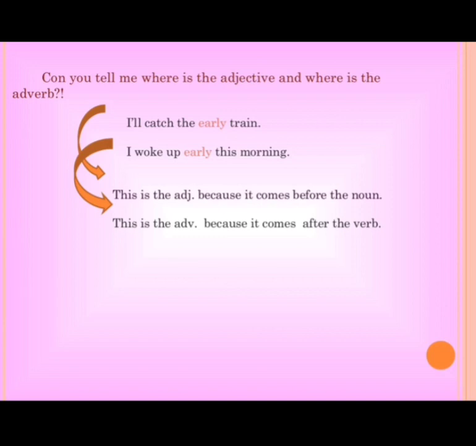In the first sentence, train is a noun and early comes before the noun, so it is an adjective, because adjectives are modifiers of nouns. In the second sentence, I woke up early this morning, early describes woke up, which is an action, a verb, and the main purpose of an adverb is to describe a verb. So the second early is an adverb.